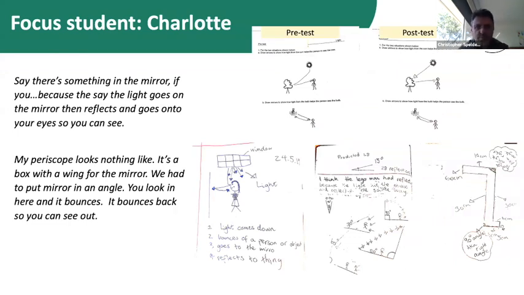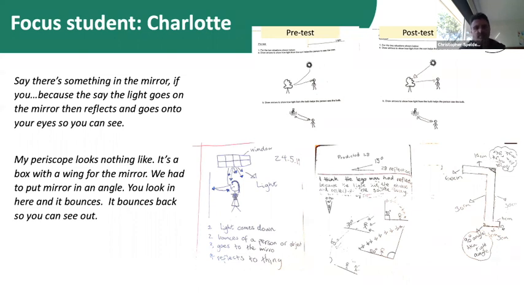Charlotte, more advanced, and if you can see in the pre and post test, there's just that slight dimension of development in the very top drawing where you're starting to see arrows to indicate the directionality of the light. And as Charlotte told us, if there's something in a mirror, because the light goes onto the mirror and reflects, that's what your eyes see.